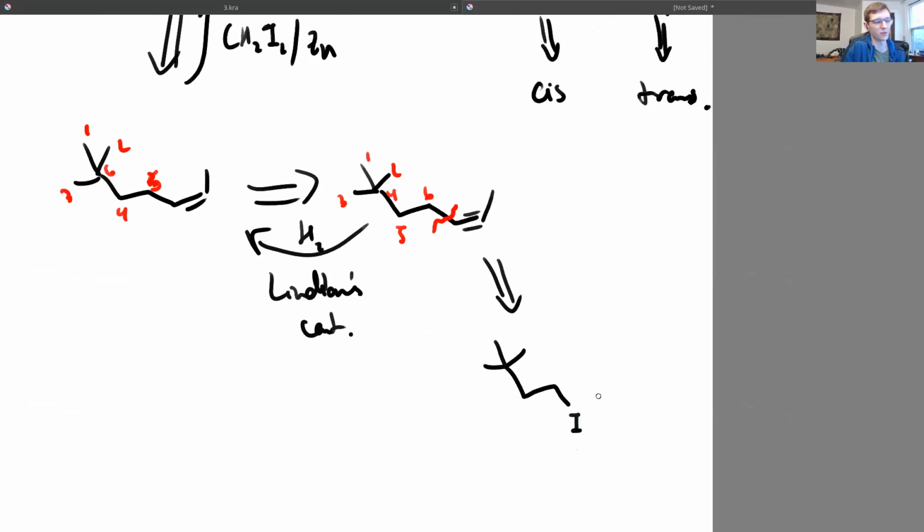Let's start with just an iodide, nice and easy. I drew one too many carbons, but that's it. And so this will proceed by SN2.